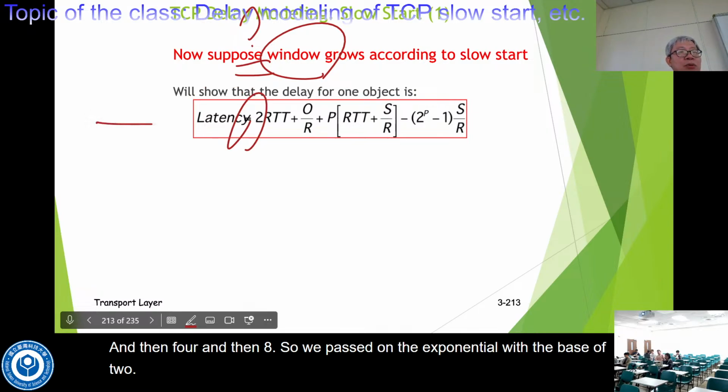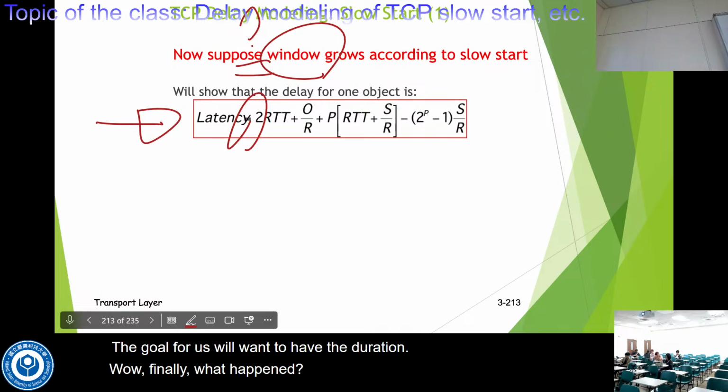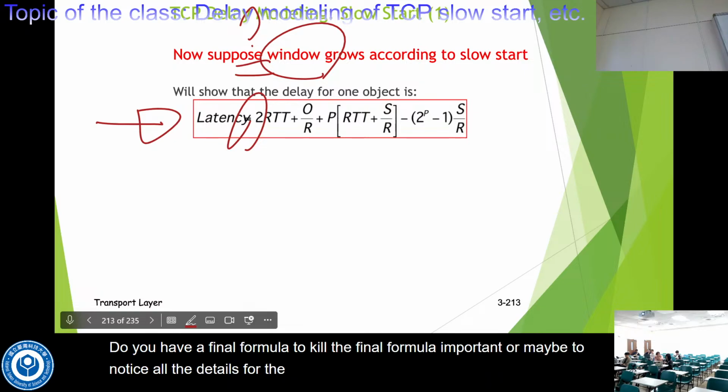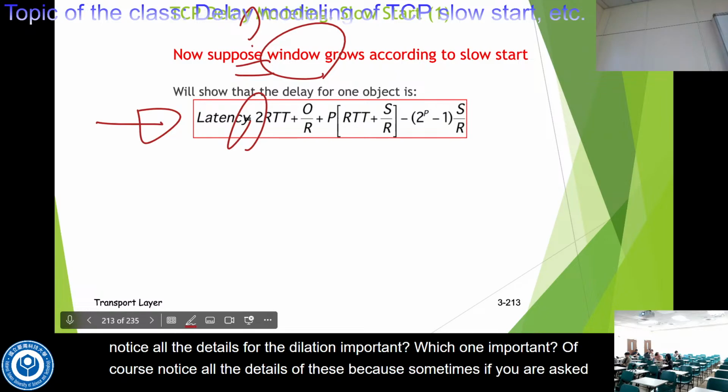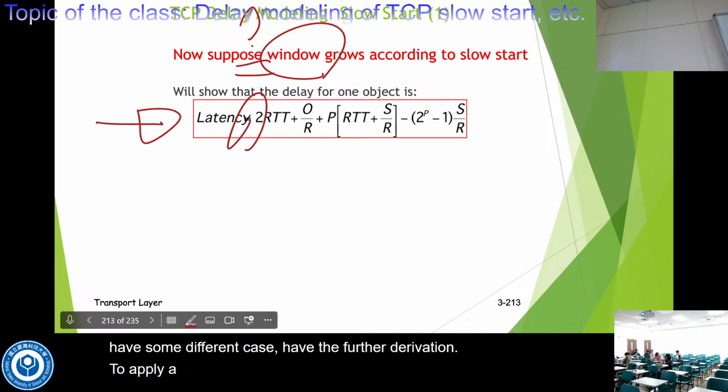Yes, this is a goal. The goal for us is to have the derivation. Finally, we will have the derivation. However, I don't have a reminder. To have the final formula, or to notice all the details of the derivation, which is important? Of course, notice all the details. Because sometimes if you are asked about a different case requiring further derivation, applying a formula can be difficult.